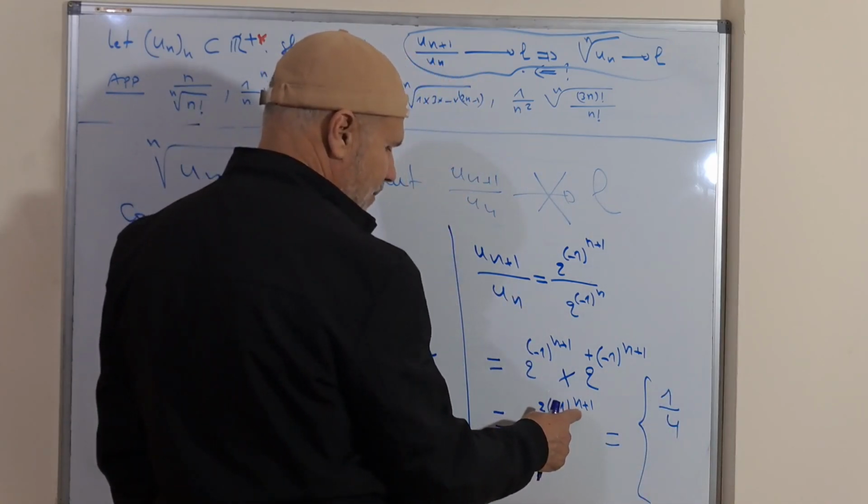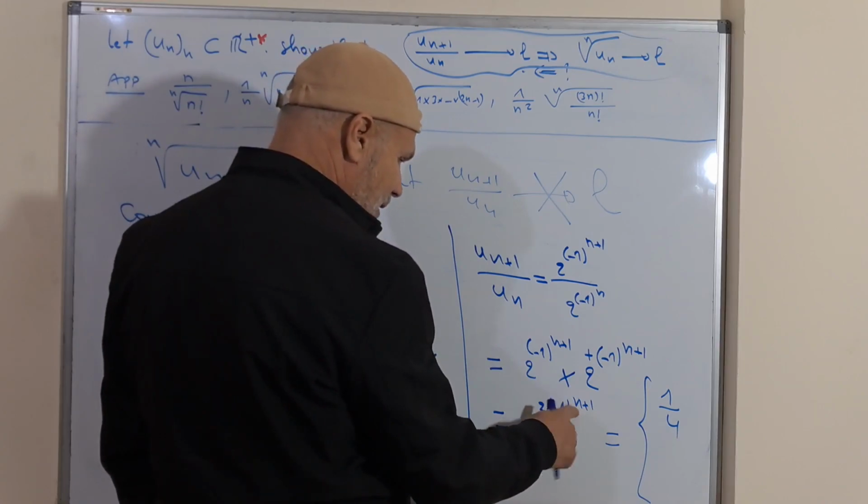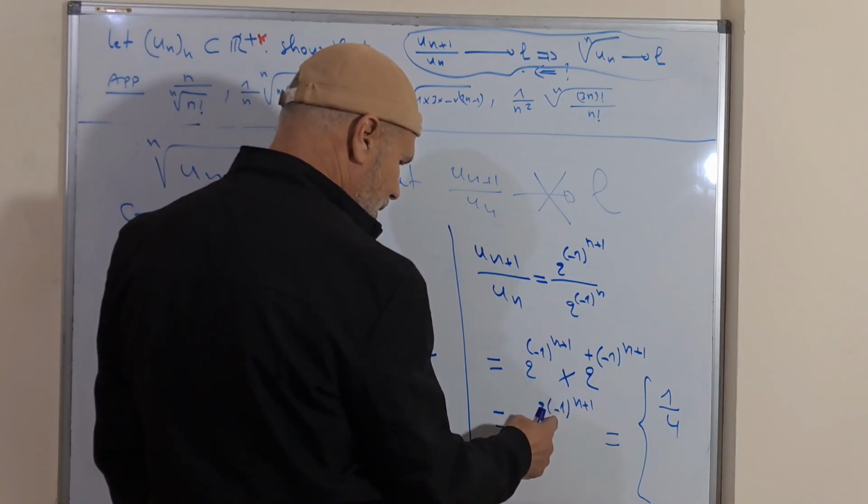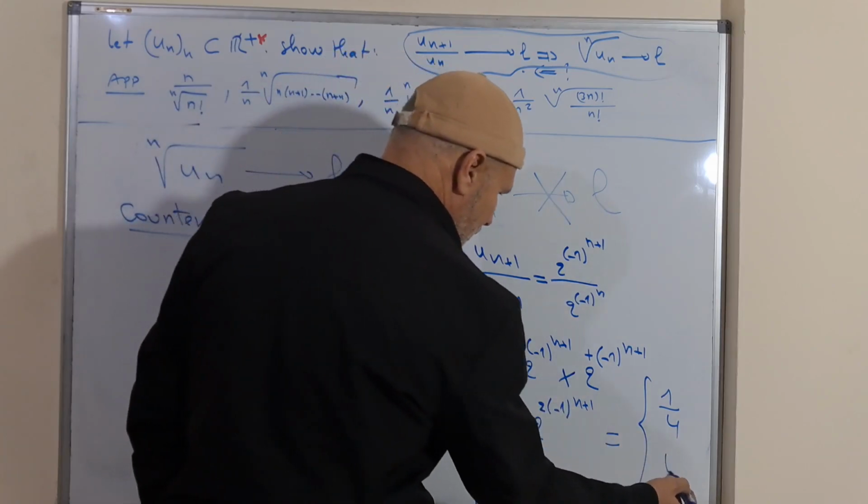If n is odd, the sum is even, this is plus 1, so we have 4.